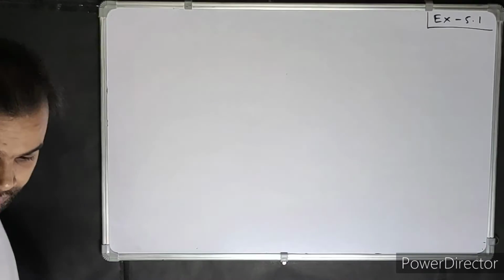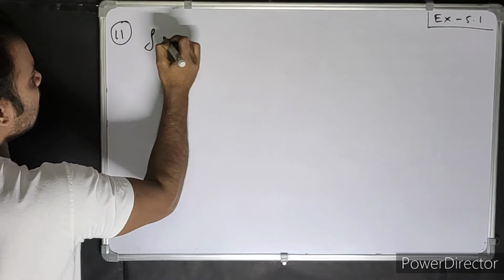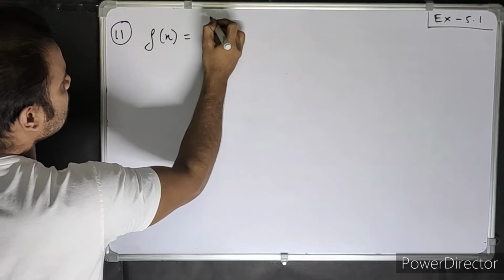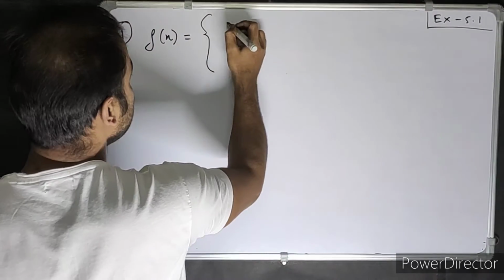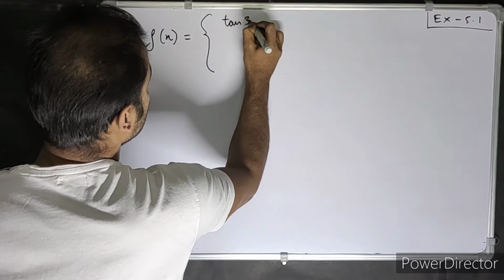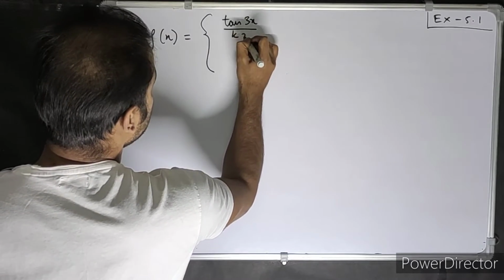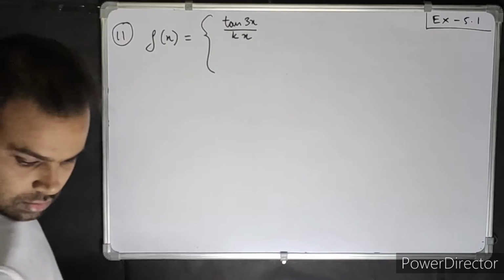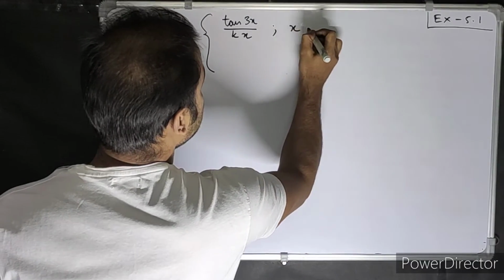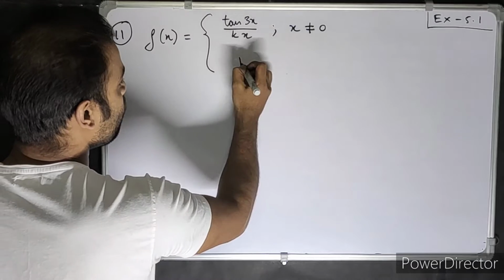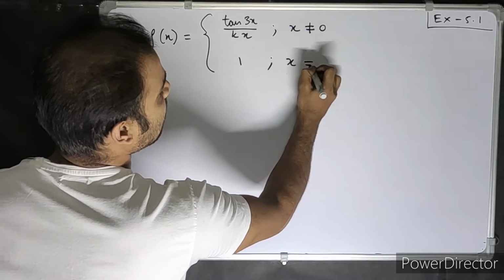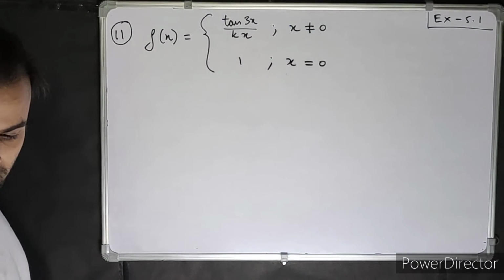Question number 11 is given as f of x is equal to tan 3x divided by kx, x is not equal to 0, and 1 when x is equal to 0.